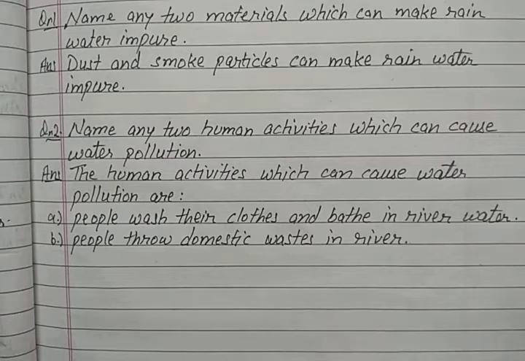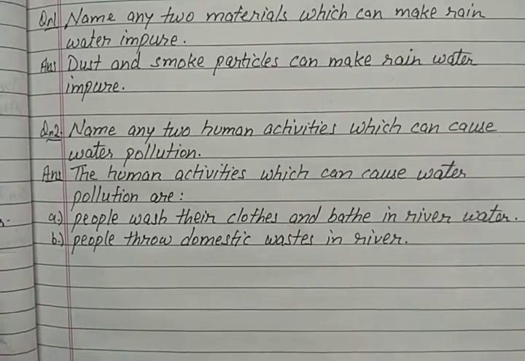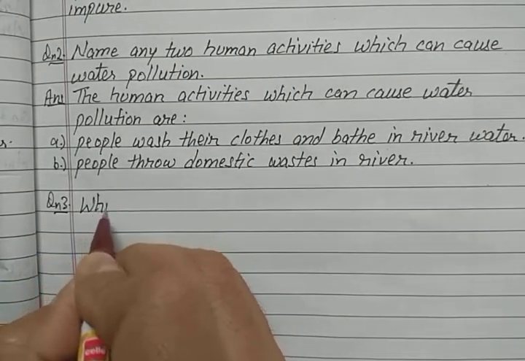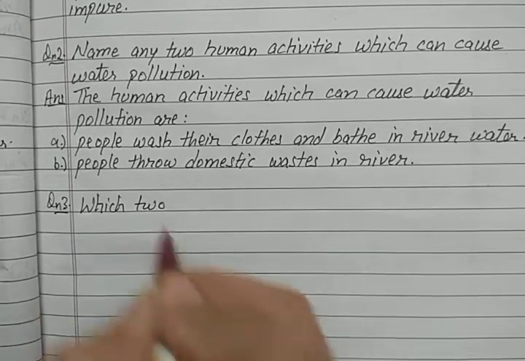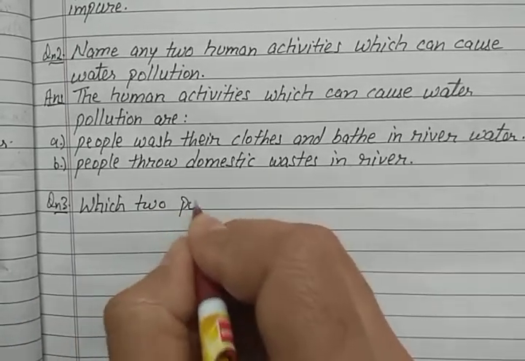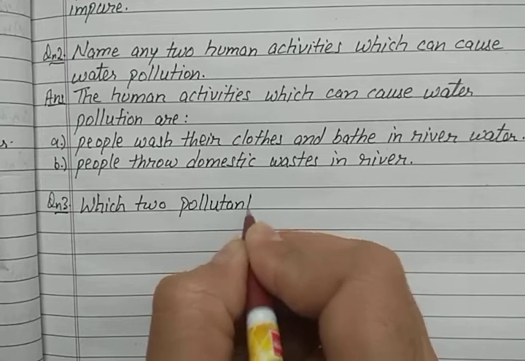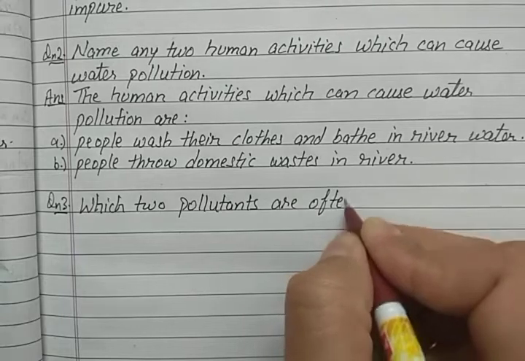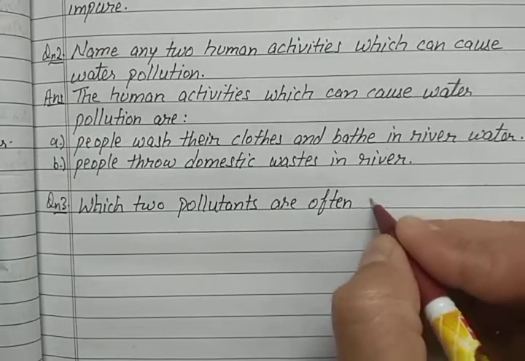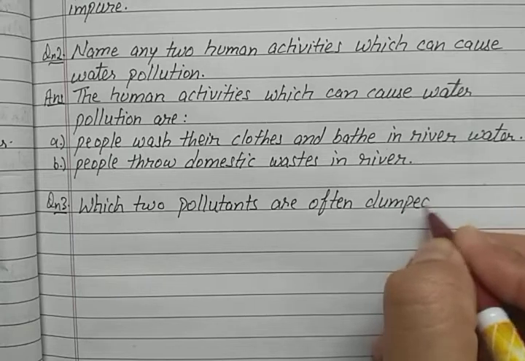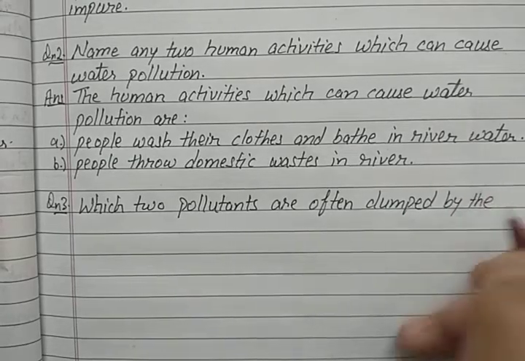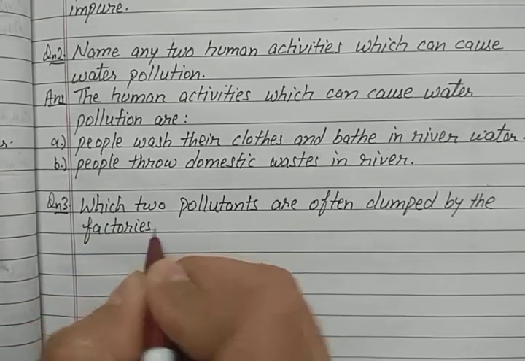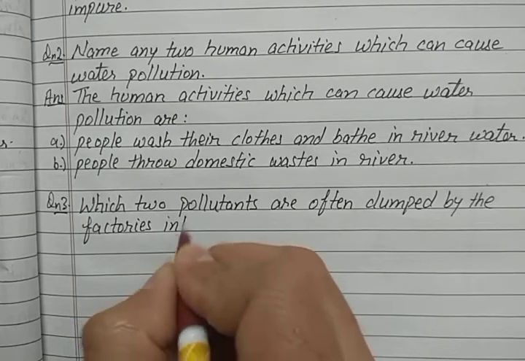The third question is, which two pollutants are often dumped by the factories into the rivers?